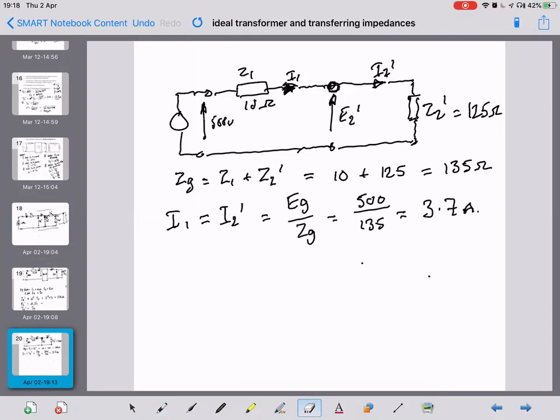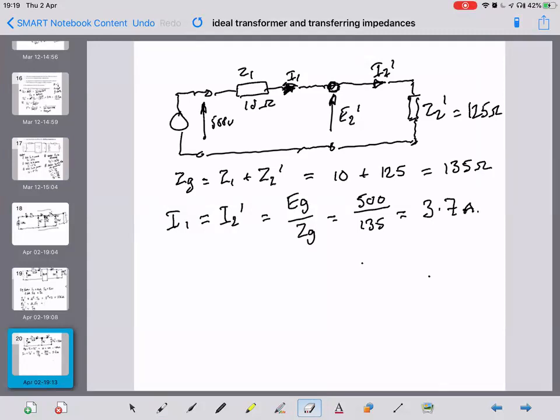Now we know that current. What else can we find? You could work back now to find I2. Are you suggesting that we then find the volt drops? Well, you could transfer the current back and find the voltage, or you could find the voltage E2 dash and then transfer that back. Either way, you should come up with the same answer.